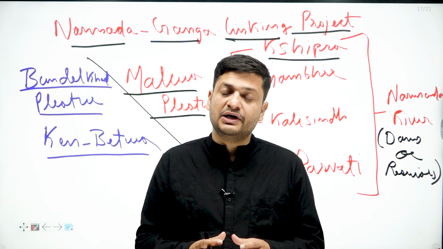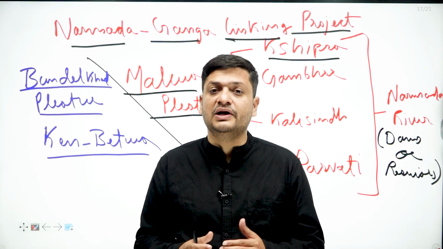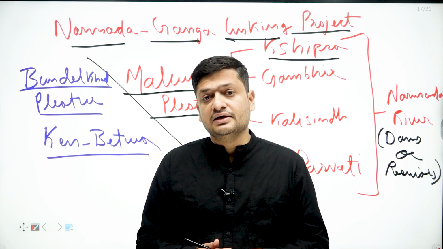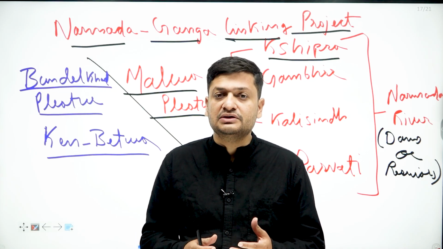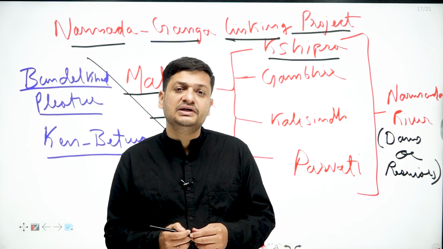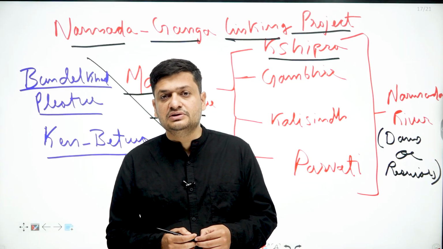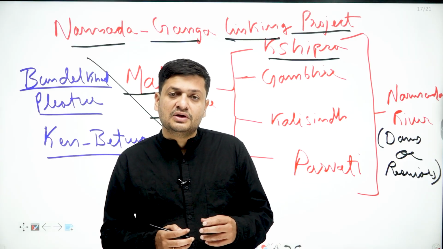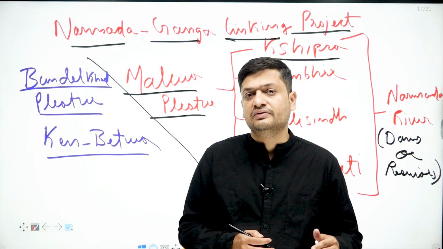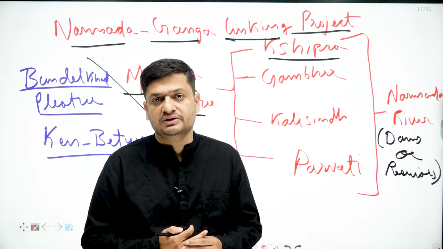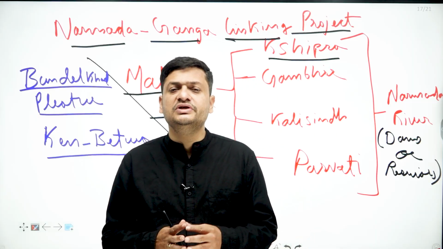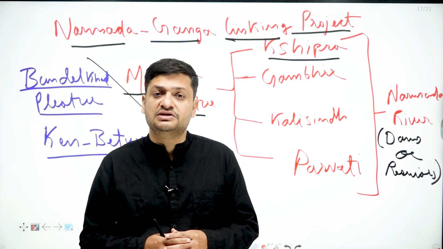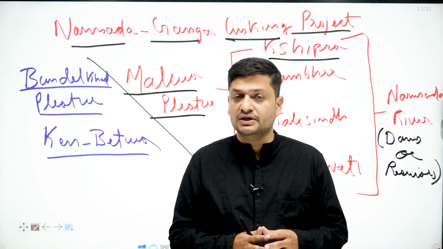The Bundelkhand Plateau is one of the most backward plateaus in Madhya Pradesh, as well as in UP. The reason for the backwardness is that water availability in that plateau region is very less. So the excess water of the Ken River has been supplied to the Betwa River, so that irrigation facility can be established in that region of Bundelkhand.